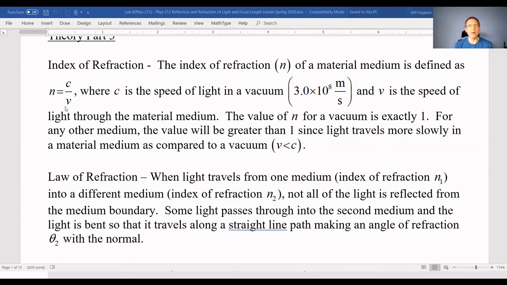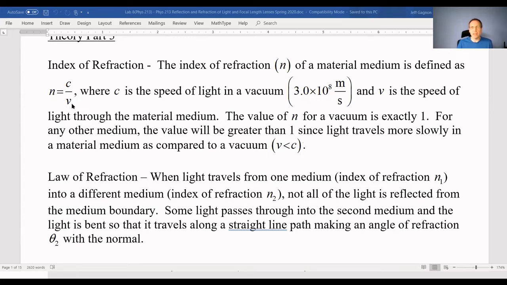Now it turns out that the speed of light when traveling through any medium other than a vacuum is always going to be slower. So v is always going to be less than c. So that means that n here, right, if v is less than c, that means n is always going to be greater than 1. It'll equal 1 if v happens to be c, right? If it's the vacuum itself, then n equals 1.